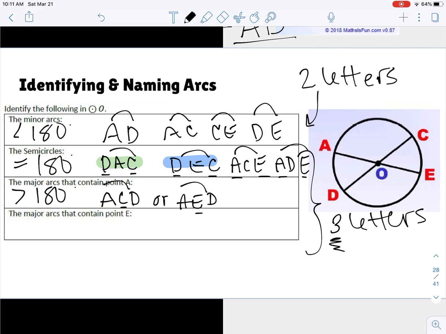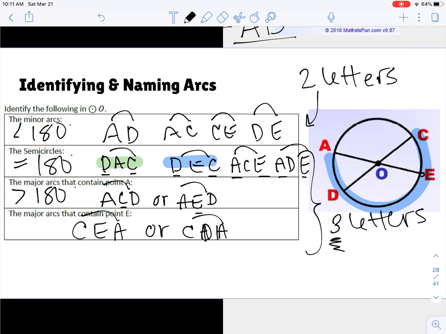We also want to look at major arcs that contain point E. Okay, we can call arc CEA a major arc. So I can call this CEA or CDA.